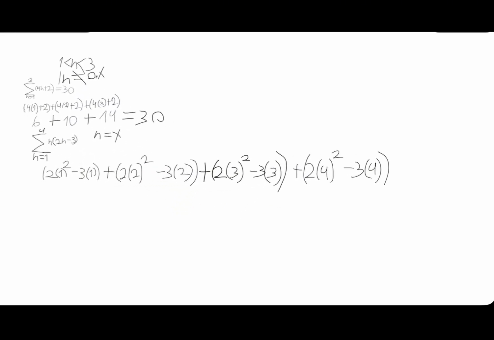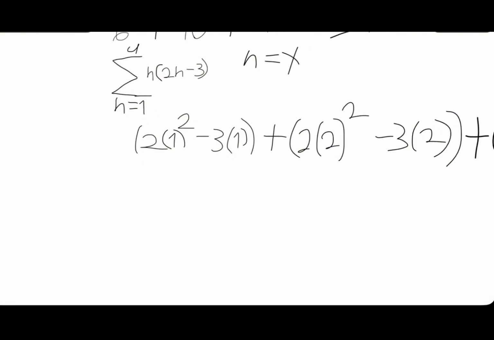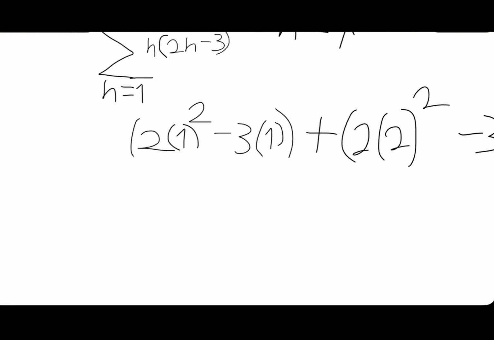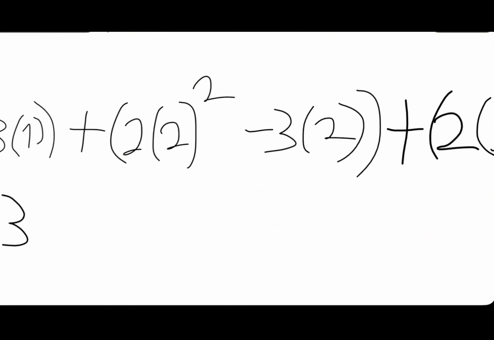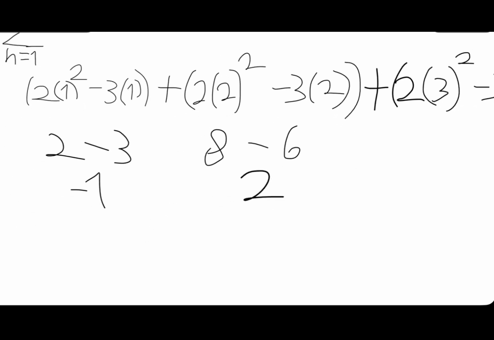Now let's just solve it. It might be complicated for some people, not that complicated for me. Now 1 squared is just 1, so 2 minus 3 is just -1. Plus 2 squared is 4, 8 minus 6 is just 2.